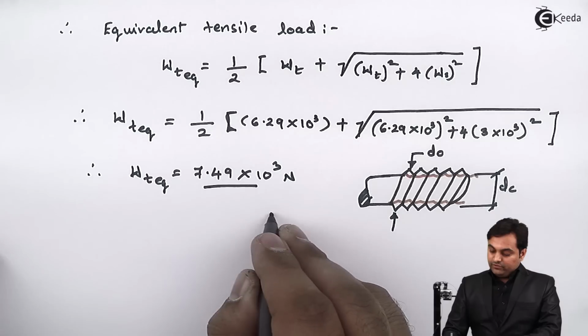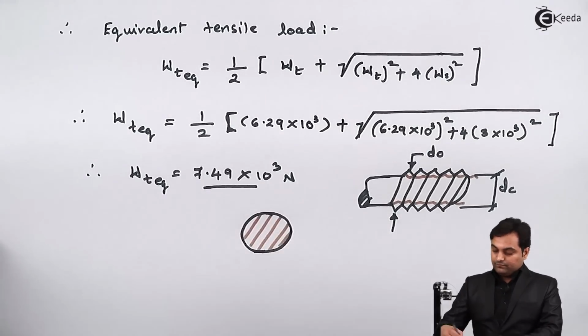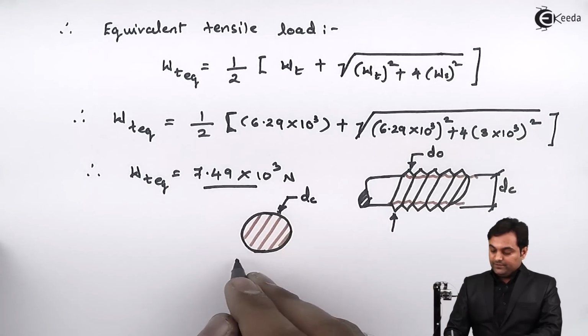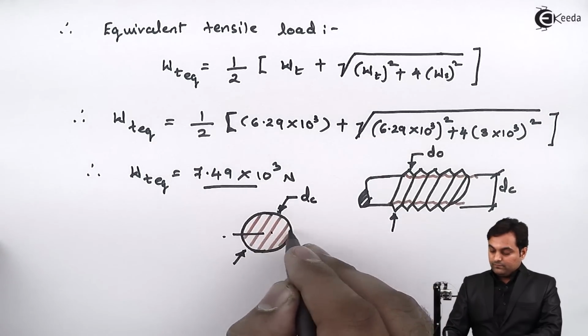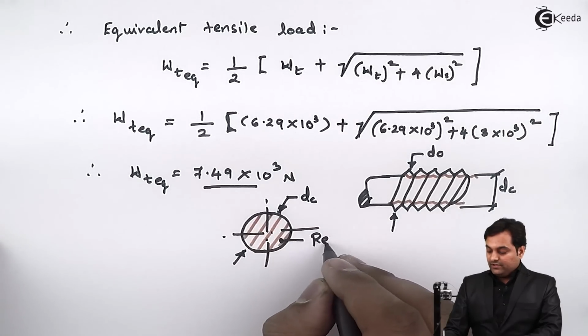So here if I draw the cross section, this is the core diameter and this indicates the resisting area of the threads.